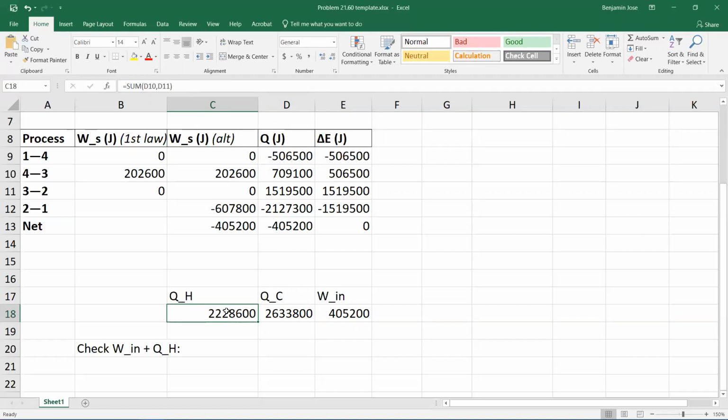For a refrigerator, QH would be greater than QC. So we know it's not a refrigerator. We also know it's not a heat engine because it doesn't have positive net work done. A heat engine has a net output work that's positive. So it's neither a heat engine nor a refrigerator. Let's figure out what's going on here.